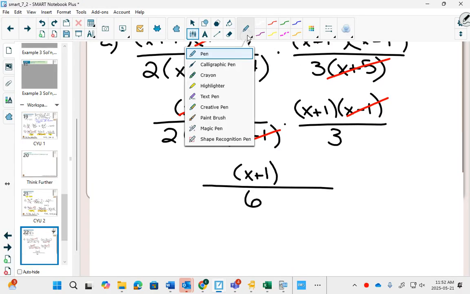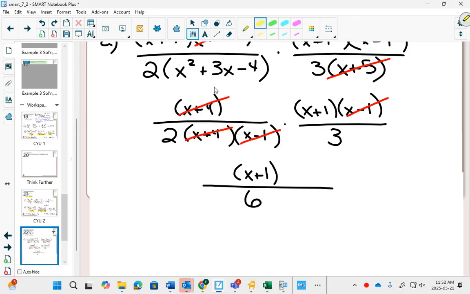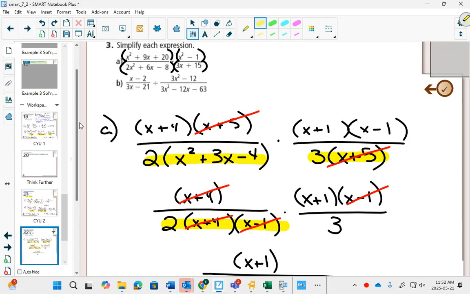Now, we're going to take out our highlighter, because they wrote the non-permissible values. So I'm going to highlight everywhere where I've divided. And in the first ones, it's not helpful in this way. We can only really tell when we've divided something and we factored it.